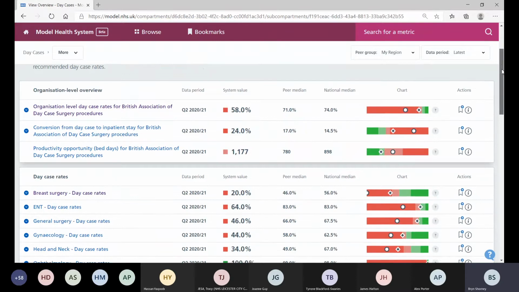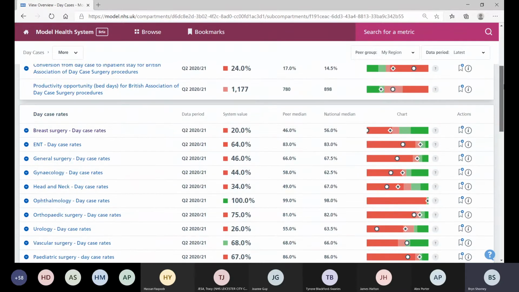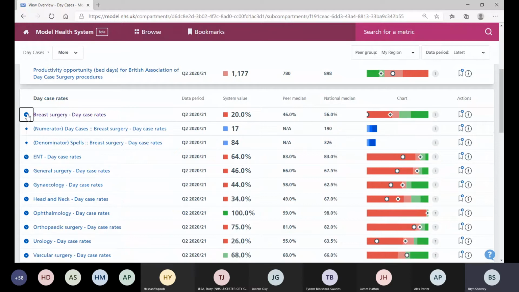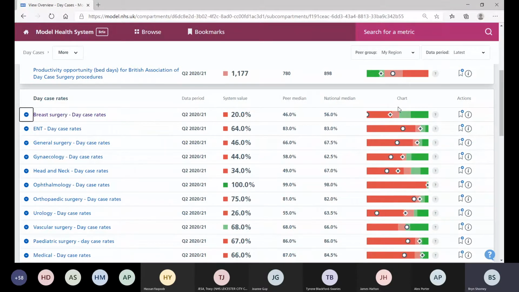Further down, you've got the day case rates within the particular specialties, and if you click on that, we've got indented metrics for both the numerator and the denominator.